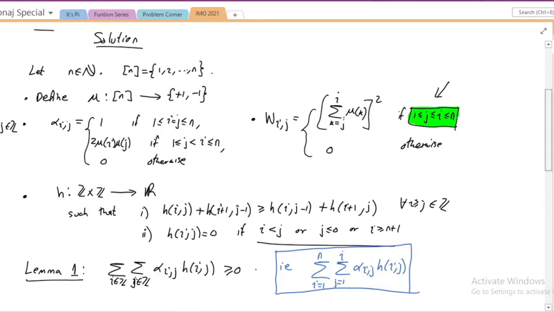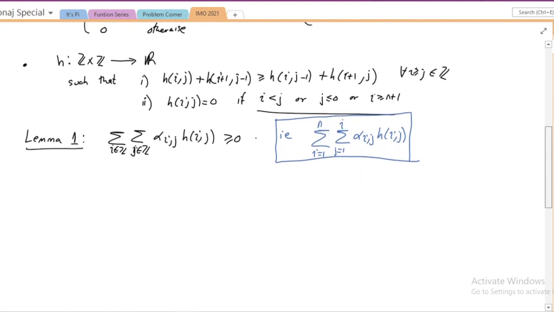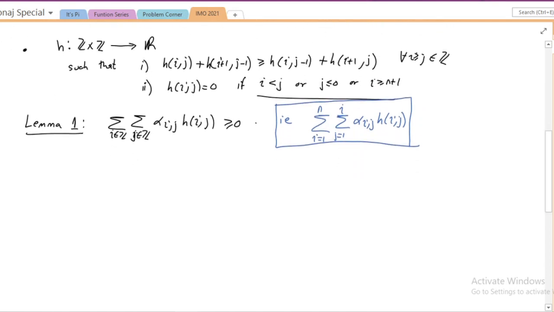This is the lemma we now want to prove: that if you take the sum over all possible i's and j's of alpha_ij times h_ij, we get something greater than or equal to 0. Most of these terms are actually 0, so don't look at this like an infinite sum.